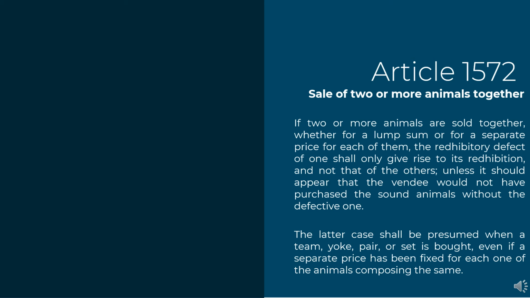The latter case shall be presumed when a team, yoke, pair, or set is bought, even if a separate price has been fixed for each one of the animals composing the same.